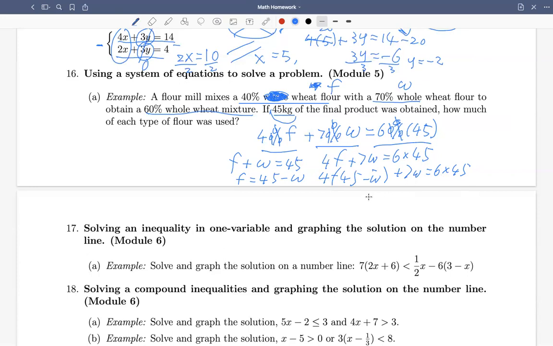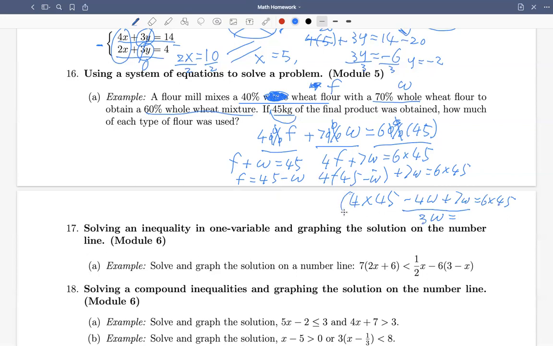So now I distribute this 4. I have 4 times 45 minus 4 times W, then plus 7W, then equals to 6 times 45. So negative 4W plus 7W, we get a 3W.